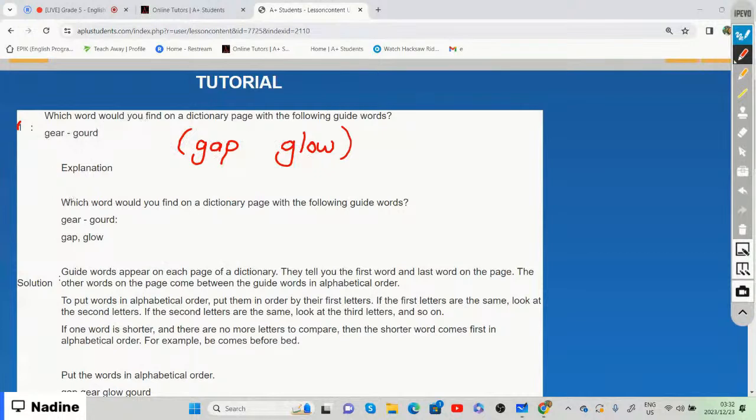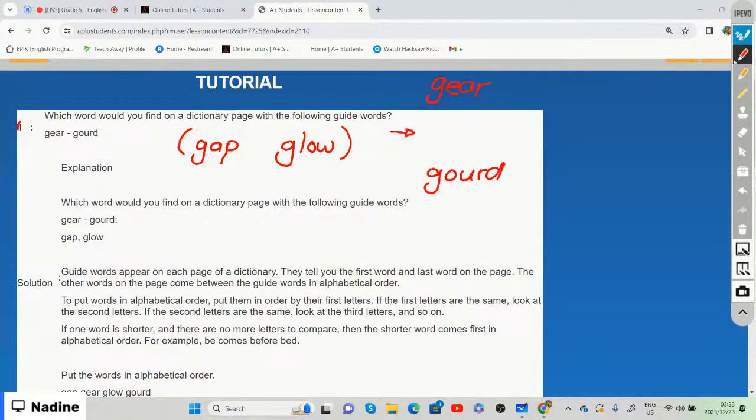Remember, we said that we first look at the first letter of the word. Thereafter, we go to the second letter of the word. And remember, it is alphabetical order. So, for example, GE, which means that gear is probably going to be first, and I'm going to put gear on top. Then gourd, which is GO, we're going to put at the bottom, which means that one of these two words is going to come between those two words.